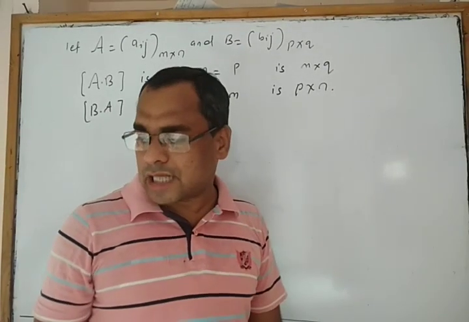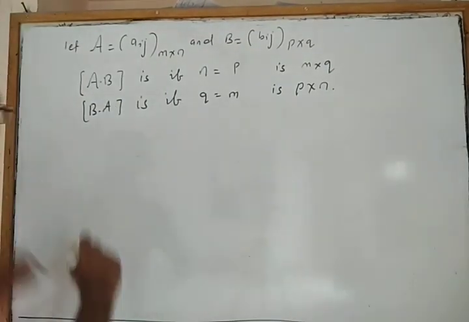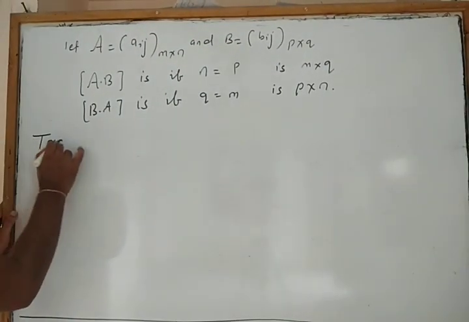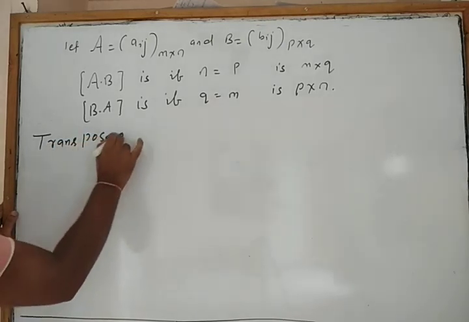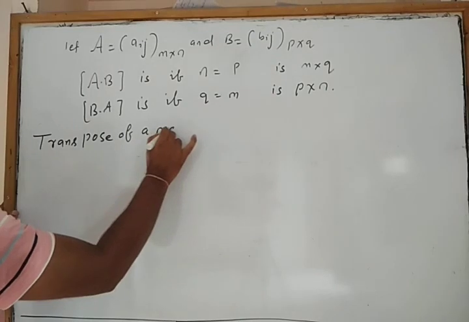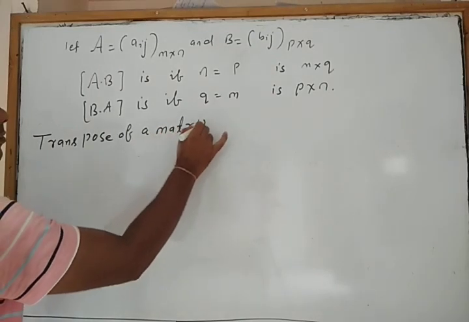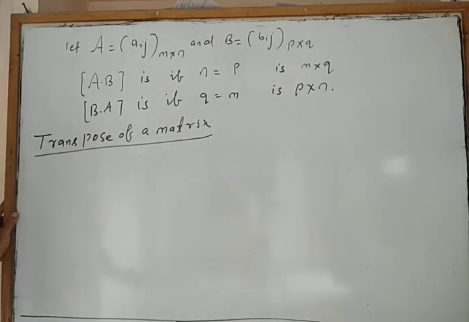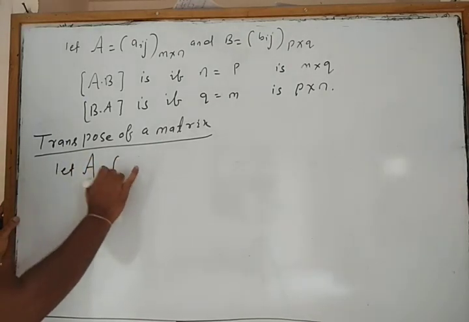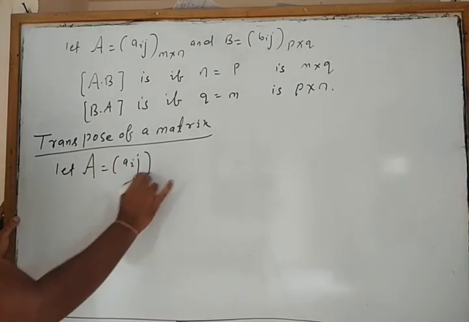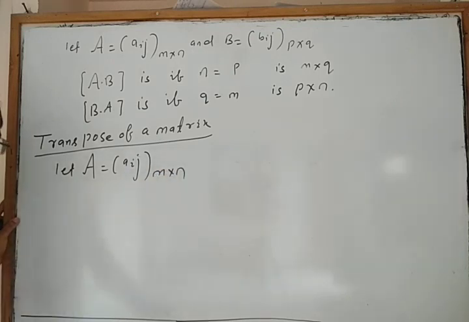Today we are going to discuss the transpose of a matrix. Transpose of a matrix. So transpose means: let A equal Aij be a matrix of order m cross n.